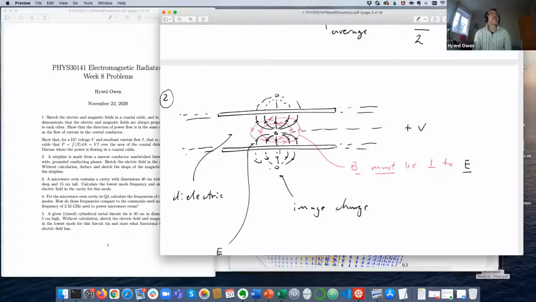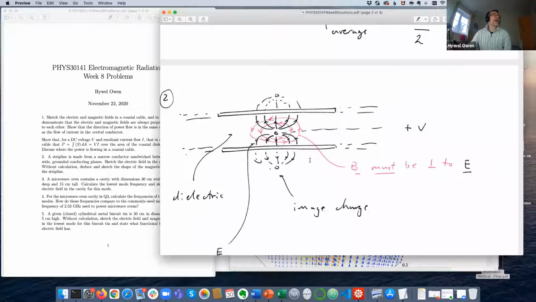And the difference we remember between a strip line or a transmission line in general and a waveguide is that in a transmission line there are two conducting layers, whereas in a waveguide there is only one conducting material. But there is still a dielectric, and the power flow in that dielectric medium is due to the fact that the electric and magnetic fields are always perpendicular to each other. So we'll get to that in a moment.